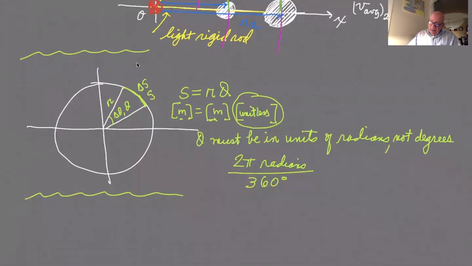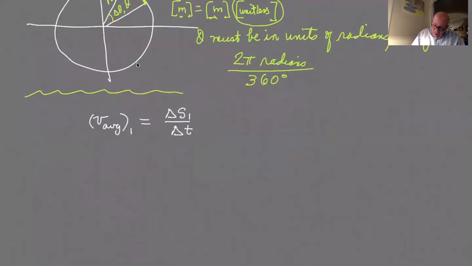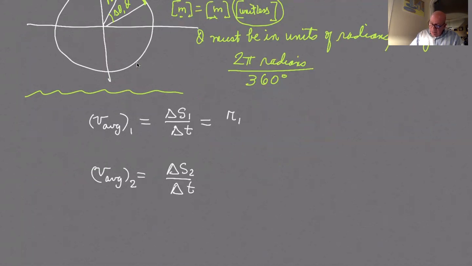If we go back to our problem at hand, then we know that V average for 1 is now going to be delta S1 over delta T, and V average for 2 is equal to delta S2 over delta T. Delta S1 now is going to be the radius R1 times delta theta over delta T. And for delta S2, we're going to have R2 times delta theta over delta t.